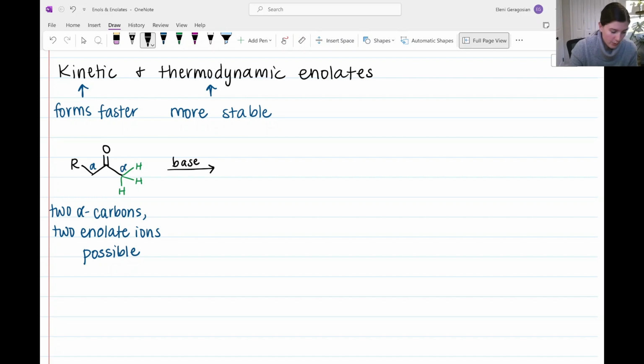If we have a base to remove the hydrogen, then we now have 2 here. So we've removed an alpha hydrogen. We've formed a pi bond, and we have a negative oxygen here. Again, the mechanism for this is in the previous video.